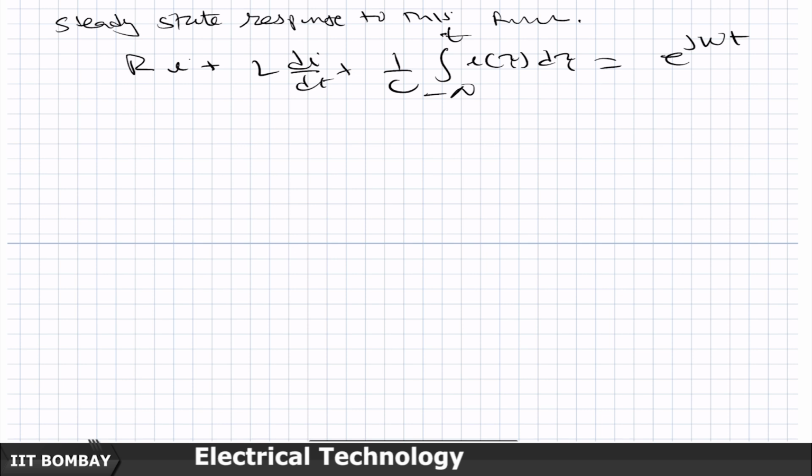So, using this fact, I am going to hypothesize that the response is some a times e to the power j omega t, and let me now try to find out what this a is.